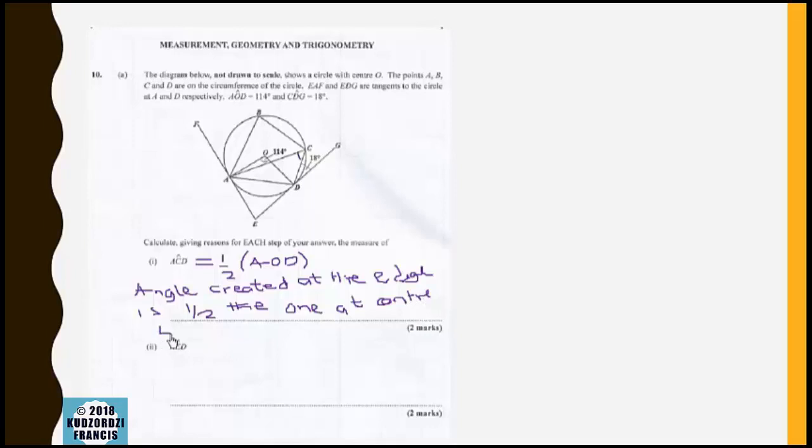The reason is that the angle created at the circumference is half the one at the center by the same chord or arc.